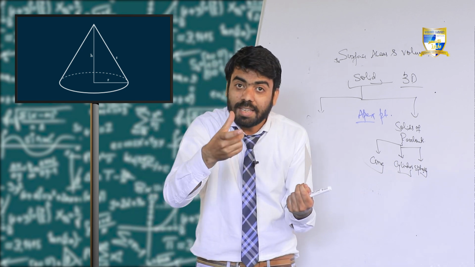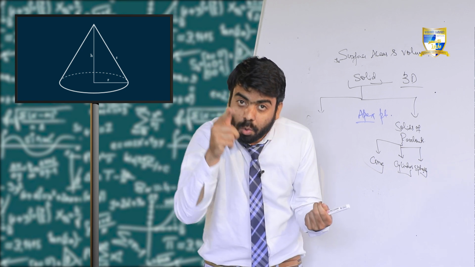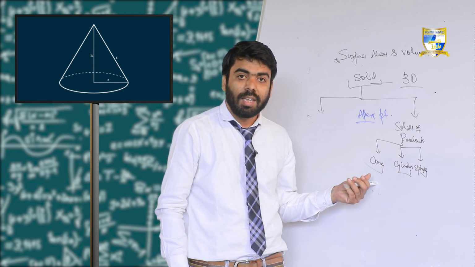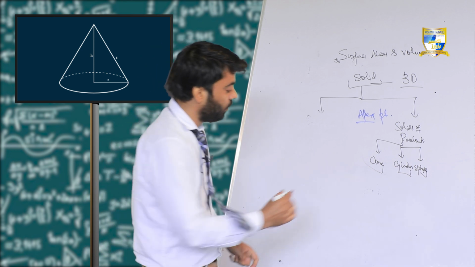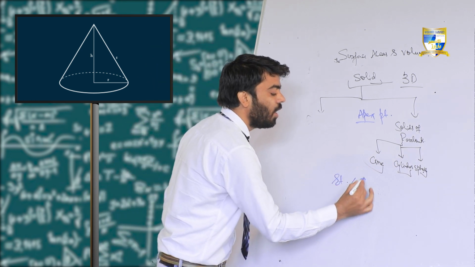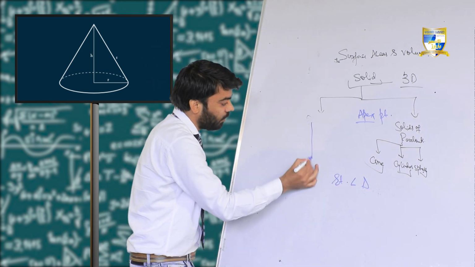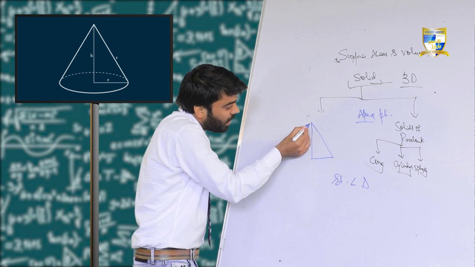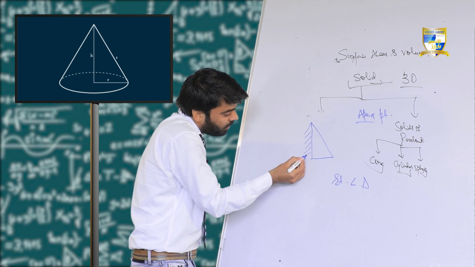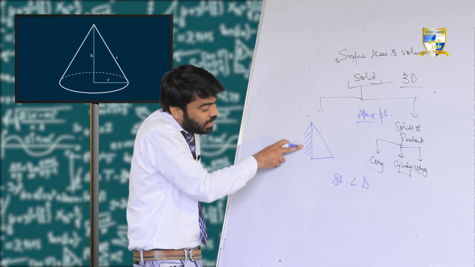So what is the basic 2D surface which we rotate to get the cone? It is a right angle triangle. When you have this object, you make this side fixed. This is a convention to show that the side is fixed.